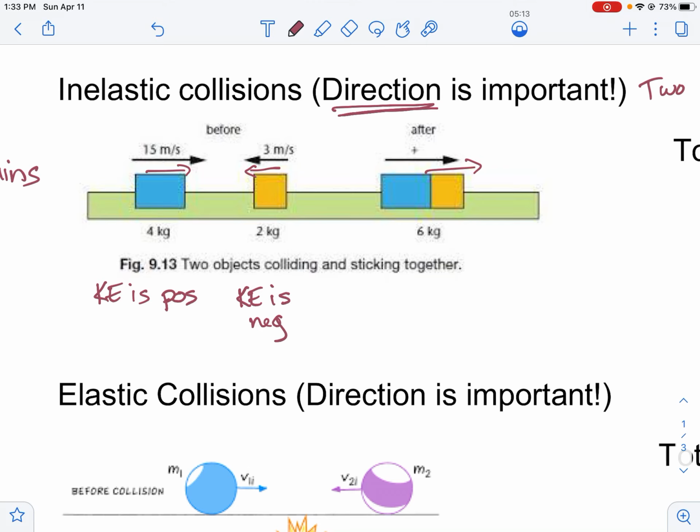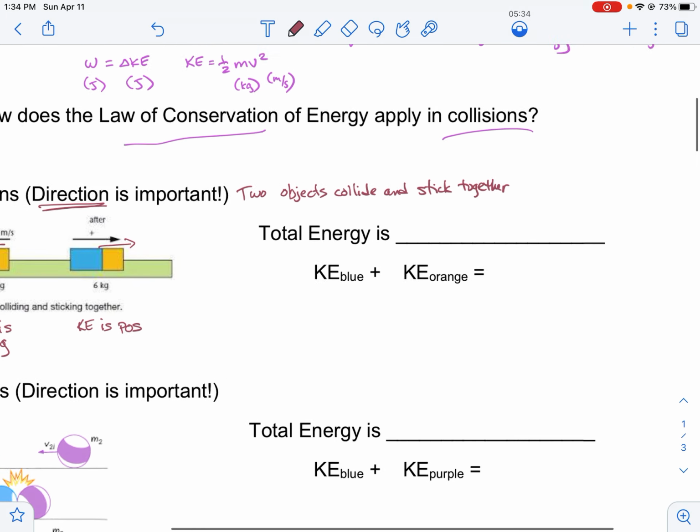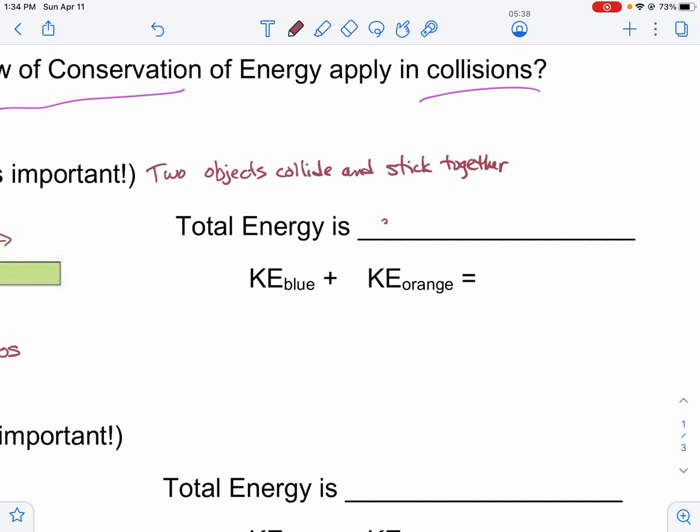So what about after they've collided with each other? They're still moving, right? So they still have kinetic energy. What do you think? Is this going to be positive kinetic energy or negative kinetic energy? Good for you. This is positive kinetic energy because it's moving in a positive direction. All right? And the law of conservation of energy tells us the total energy here is conserved.